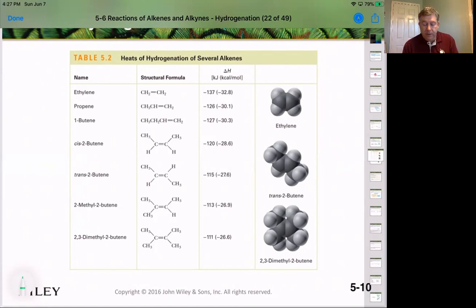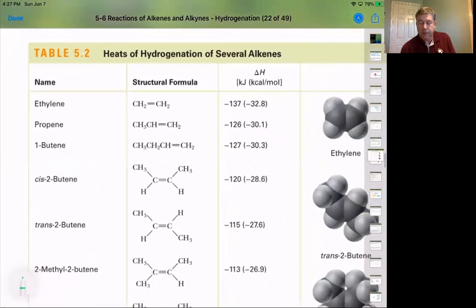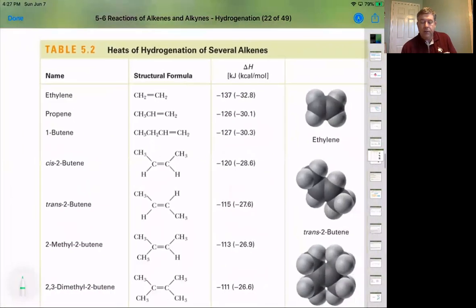All right, so if we look at just the ethylene right here, which is just the two carbons, and we add hydrogen across it, we release 137 kilojoules per mole, okay? That's where we're starting from.